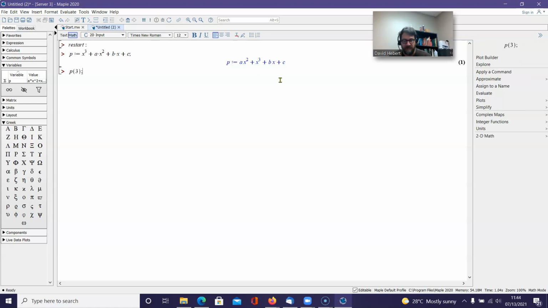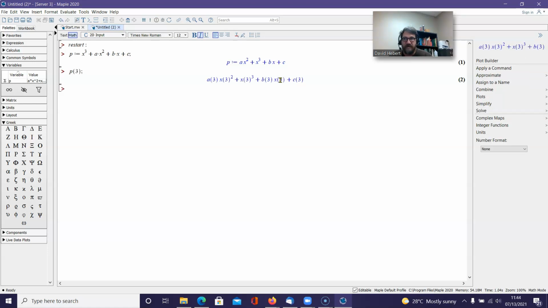And I'm going to hit that. And notice it simply says, okay, wherever there was an x, you maybe wanted something, I don't know. The computer really doesn't have a clue what you're asking for, other than maybe you're trying to multiply through by 3 or something. P is an expression. It's not a function.